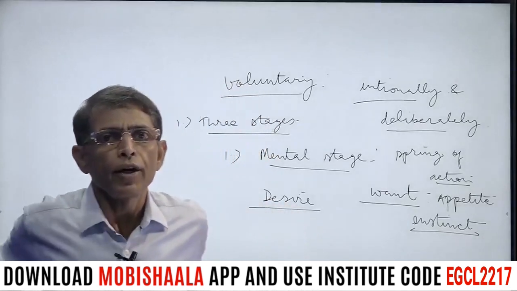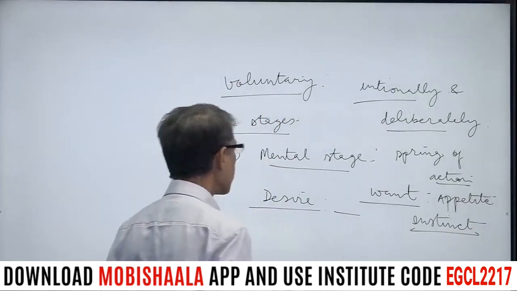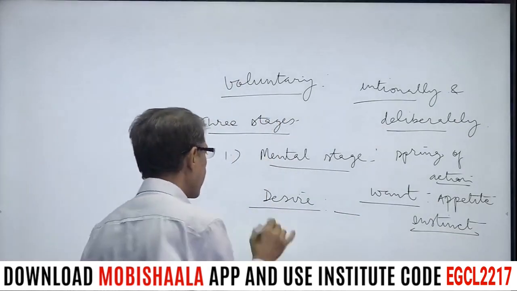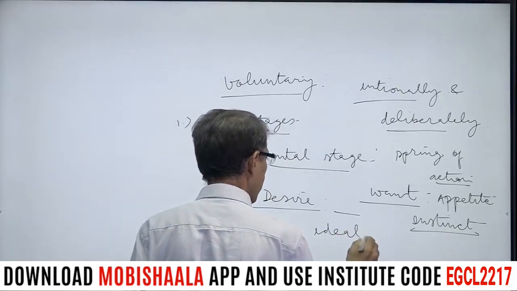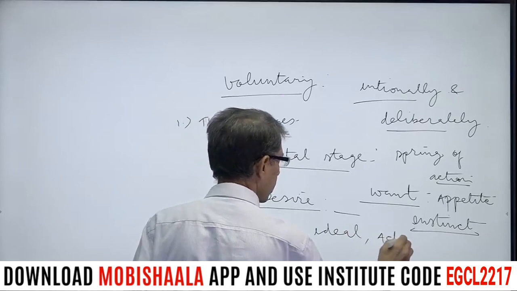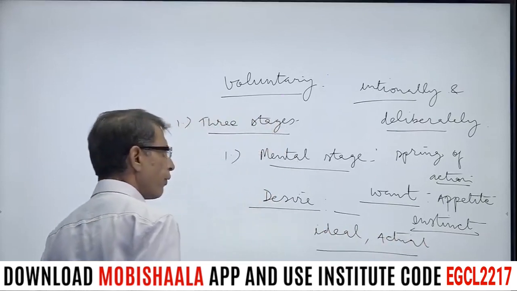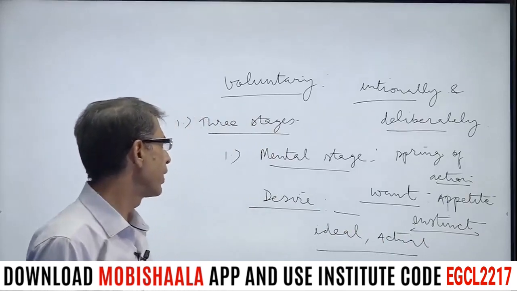Now this desire has a particular motive, it has a particular object, and the very first thing is that this desire is either ideal or actual. If it is actual, then it may be either the appetite or the instinct.